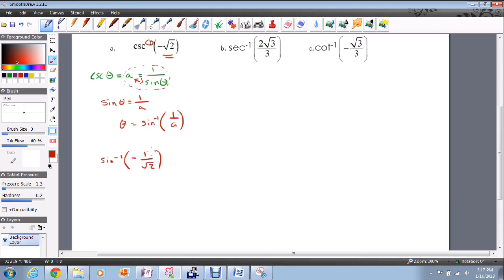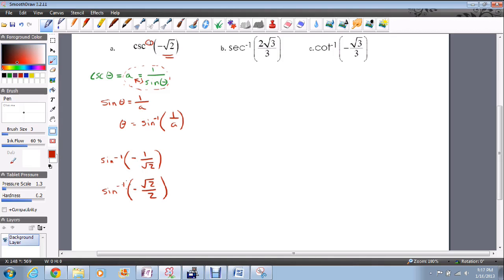And then I'm going to simplify this because it looks like something in a unit circle, but not quite there yet. Sine inverse of this, if we rationalize the denominator, is negative square root of 2 over 2. Well, then, hey, look at that. Sine inverse equals negative square root of 2 over 2.